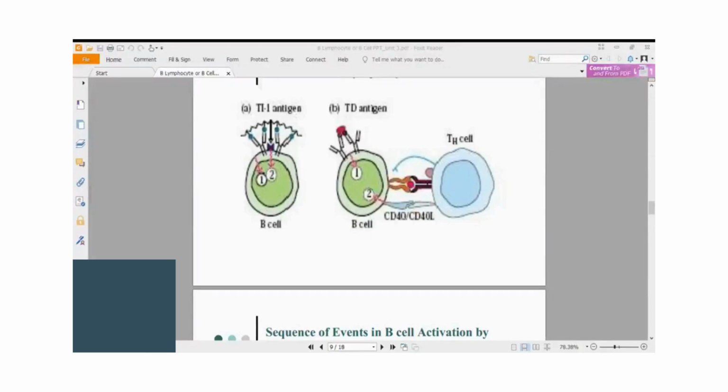The second time, the same antigen will enter, the same process will begin and result in production of TI antigen stimulated B lymphocytes. Once again, the immune response will be only temporary, with no immune memory.